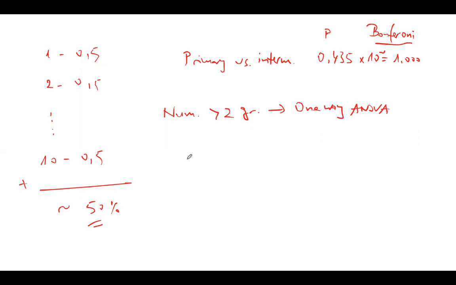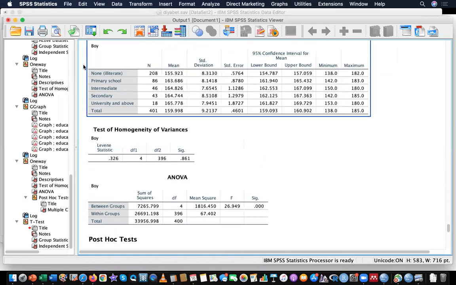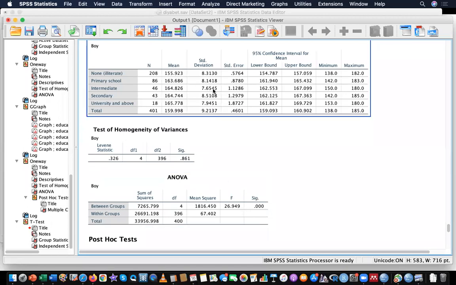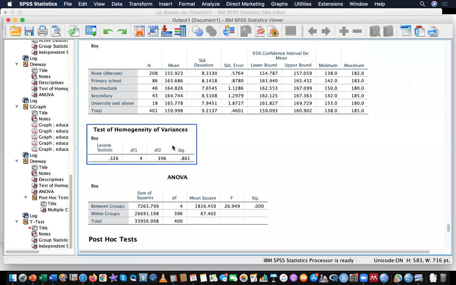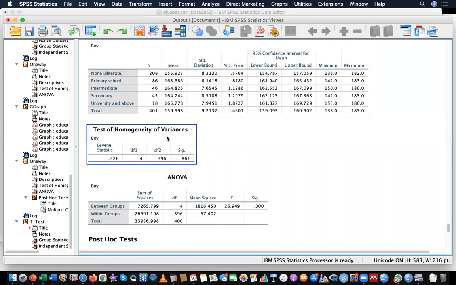This one p-value tells you whether there is a difference between the groups. But after seeing that there is a significant difference, you want to see which group is different from which group, which differences exist between the groups.